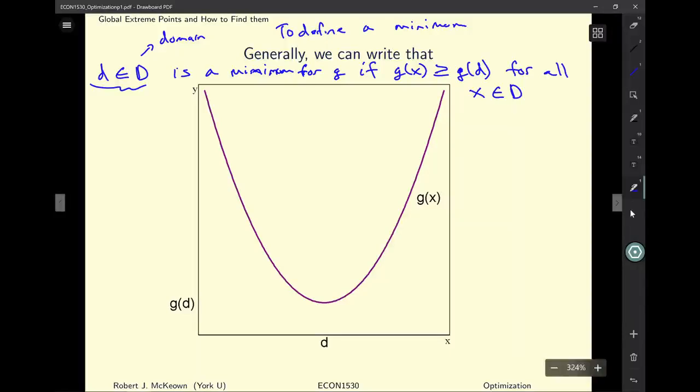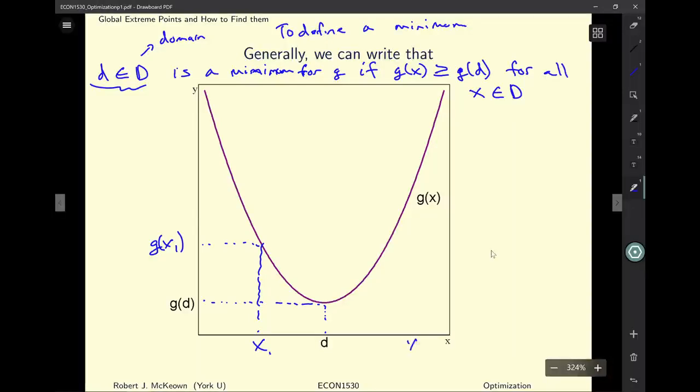So if we look at the diagram and we look at x is equal to D, you can see that the lowest value for G of x is when x is equal to D, right here. And if I pick x1 randomly, I'm going to end up with a larger y-axis value.